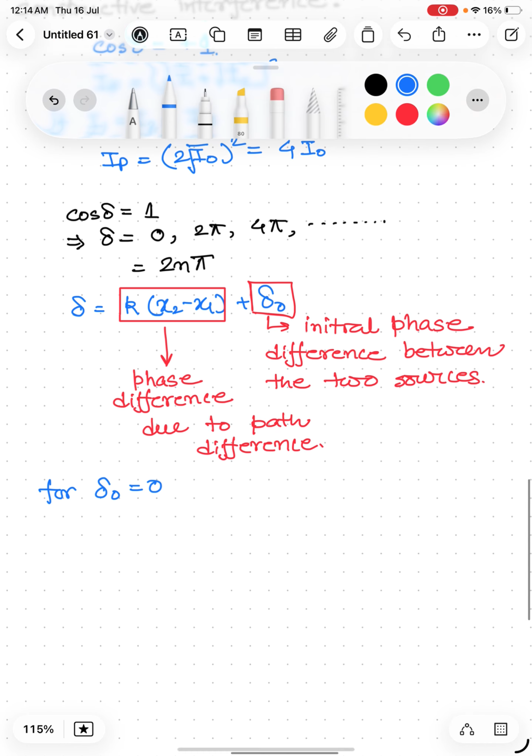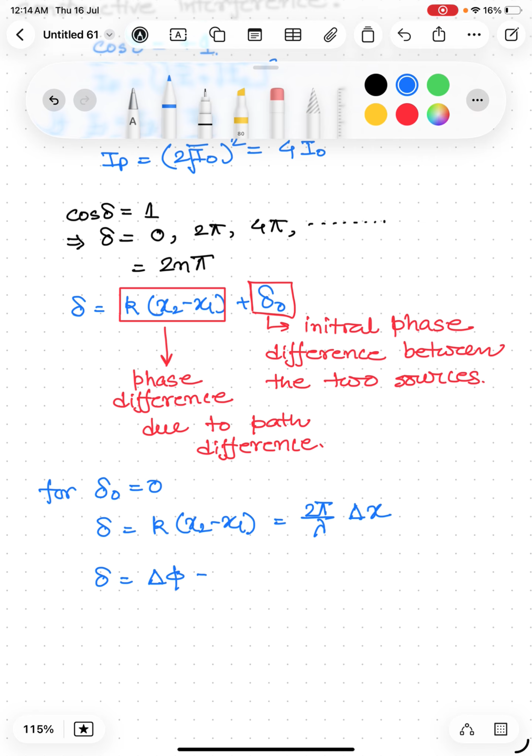So delta equals k into x2 minus x1. K is the wave number, so I write that as 2 pi by lambda into x2 minus x1, which I write as delta x. So delta, which is the difference in phase, equals 2 pi by lambda into delta x.